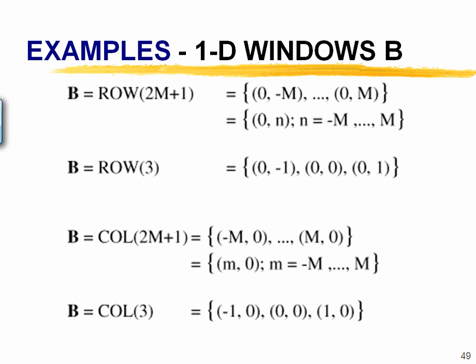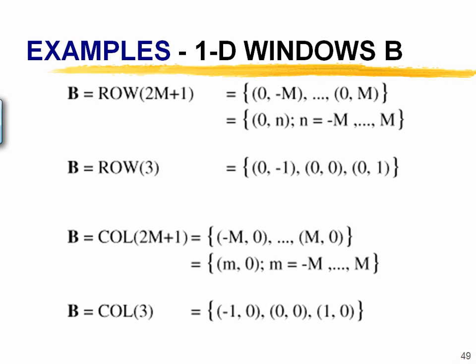Okay. So if I were to look at a row window, which has size 2m plus 1, I could define all its coordinates by (0, n), where n goes from minus m to m. I can do the same thing for a column.